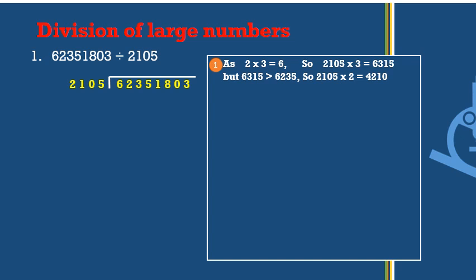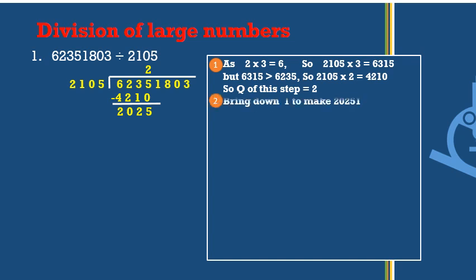And so the quotient of this step is equal to 2. Now children, we will put 4210 below 6235 and we will subtract it from 6235 to get 2025 as the remainder.